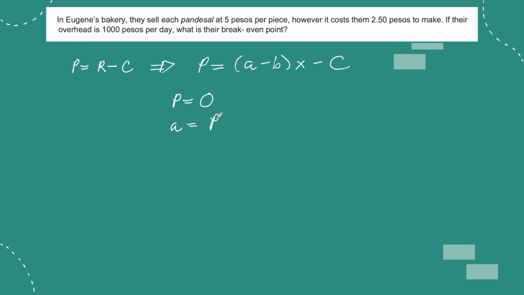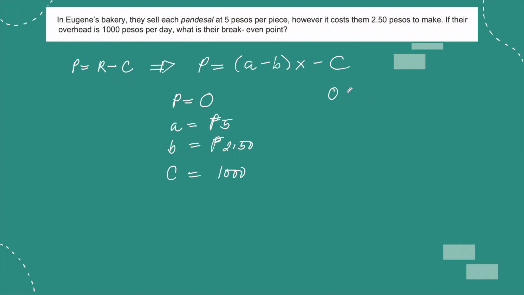So, that is 5 pesos per piece. And then, yung letter B dito ay kung magkano yung gastos mo per piece. So, that is 2 pesos and 50 centavos. Tapos yung cost mo ay overhead. Overhead is the cost, 1,000 per day. So, papalitan mo lang to. So, 0, kasi yung P mo ay 0, break even, wala kang tubo.